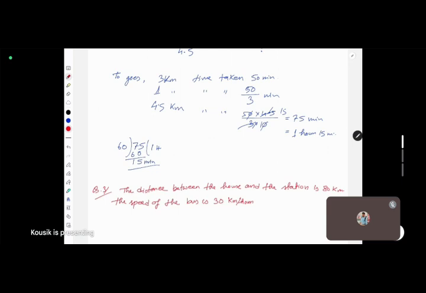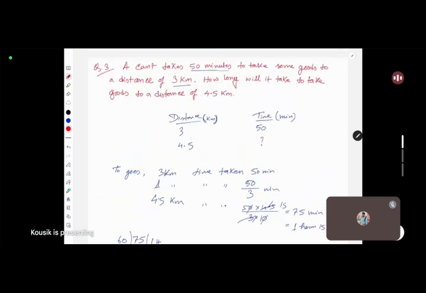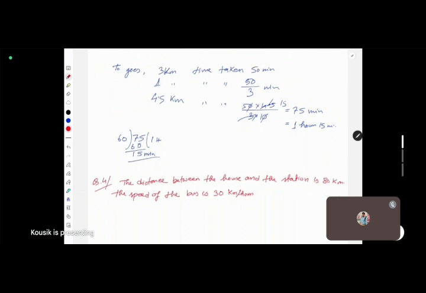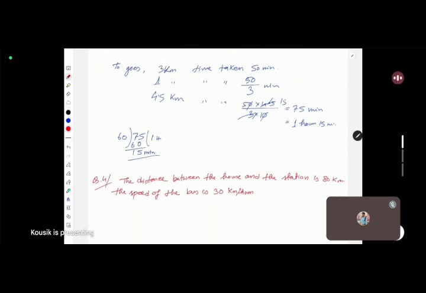Question number 4. The distance between the house and the station is 80 kilometers and the speed of the bus is 30 kilometers per hour, and that of the taxi is 50 kilometers per hour.